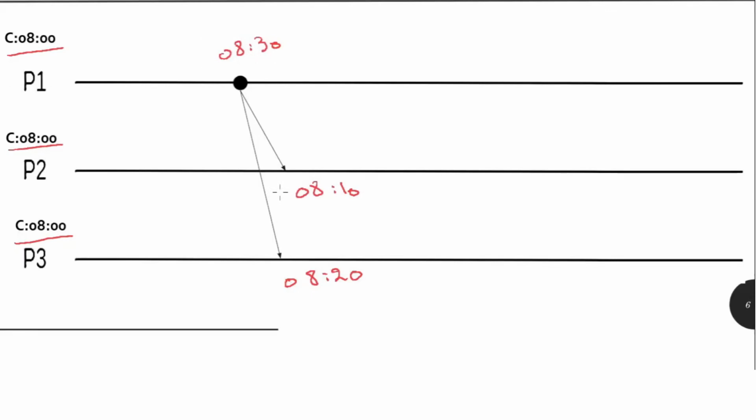So it's all because of the clock drift. And then P2 reached 8:30 before P3, so it starts sending. But then, of course, P1 would say, we are actually at 9 o'clock, so you are late by half an hour. And in this one, he says, well, it's not actually 8:30, it's 8:25, for example.